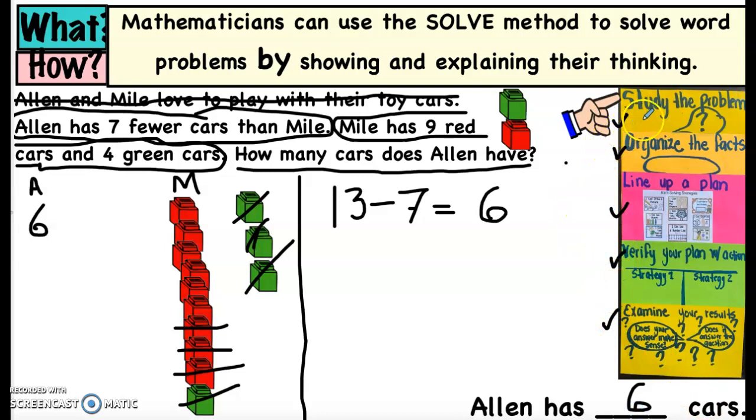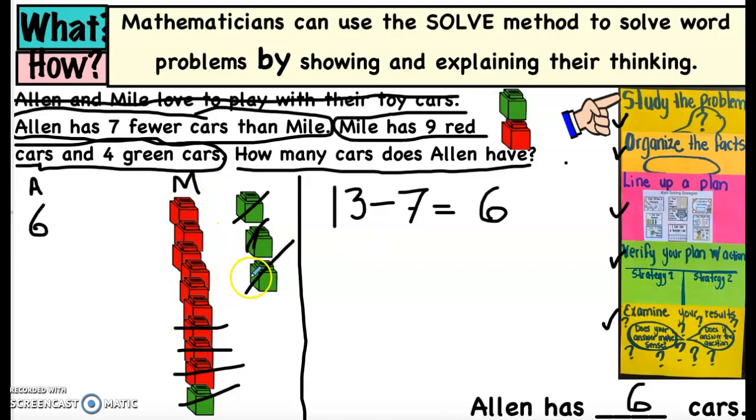Mathematicians, did you see how I solved the problem by following the SOLVE method steps? We study the problem by underlining the question. We organize the facts, circling all important facts. We line up a plan, choosing 2 different strategies to show our thinking. Then we verify our plan with action.